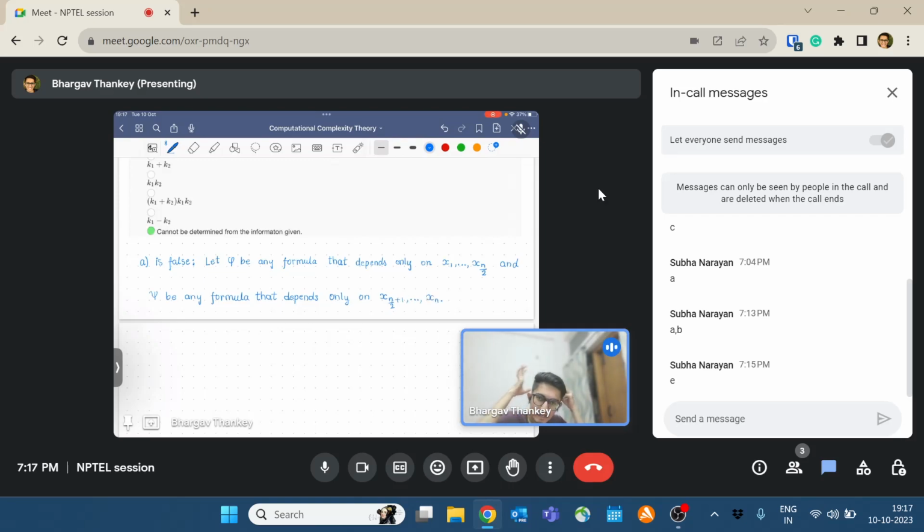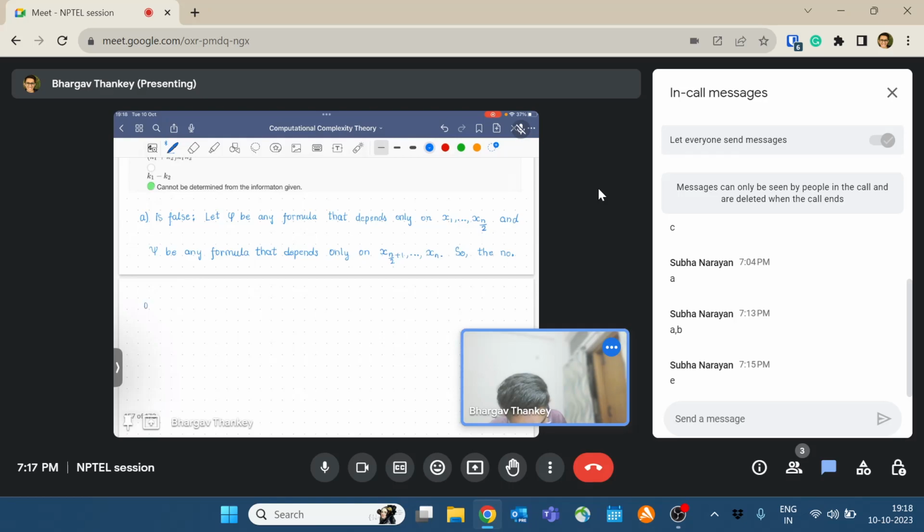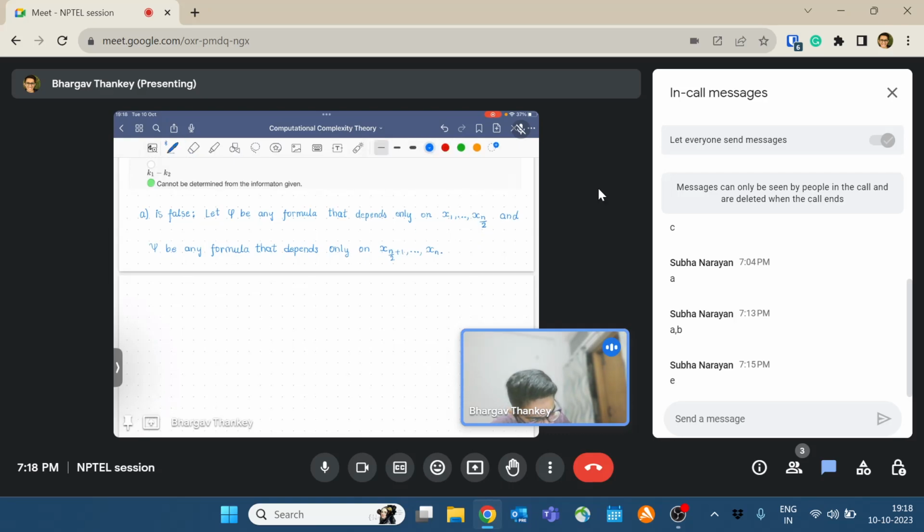So we are assuming that phi and psi depend on disjoint sets of variables. So the number of satisfying assignments of phi or psi, I can just write it as #(phi or psi).